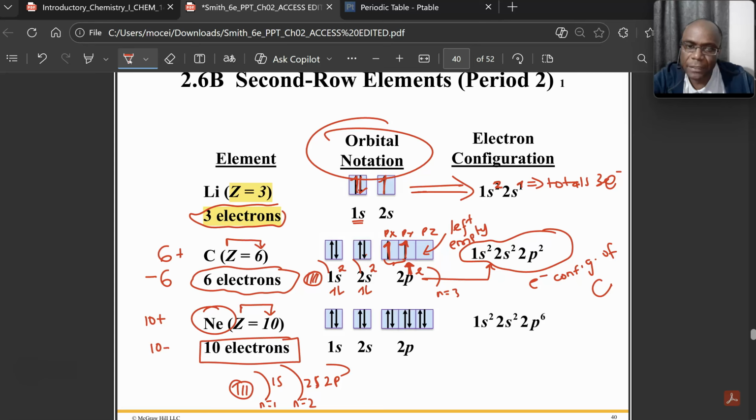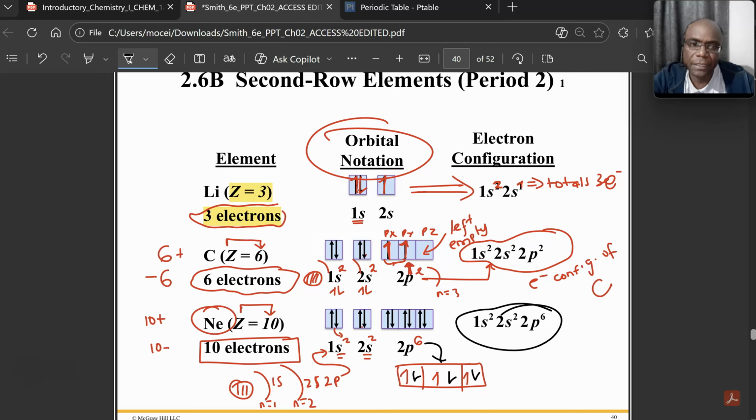Now if you list them here, s carries a maximum of 2 electrons, so 1s2, you see it there, 2s2, you see the 2 in the orbital notation, and then out of the 10 we've accounted for 4, we are left with 6. Those 6 will have to follow the rules. We singly populate, and then we pair them up. That's how those 6 will go into the p, and that gives you this electronic configuration of neon: 1s2, 2s2, 2p6.